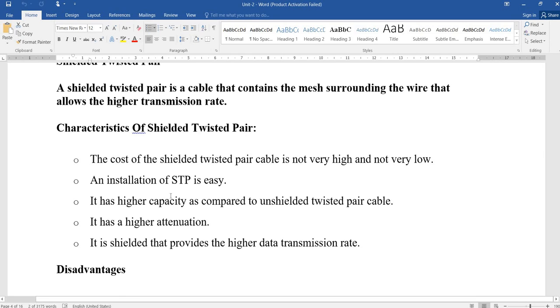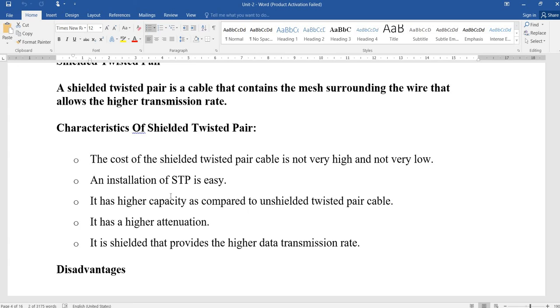And the characteristics of this shielded twisted pair are that the cost of the shielded twisted pair cable is not very high. Its installation is easy, whereas UTP is a little bit complex. Okay, and it has higher capacity compared with the unshielded cables.